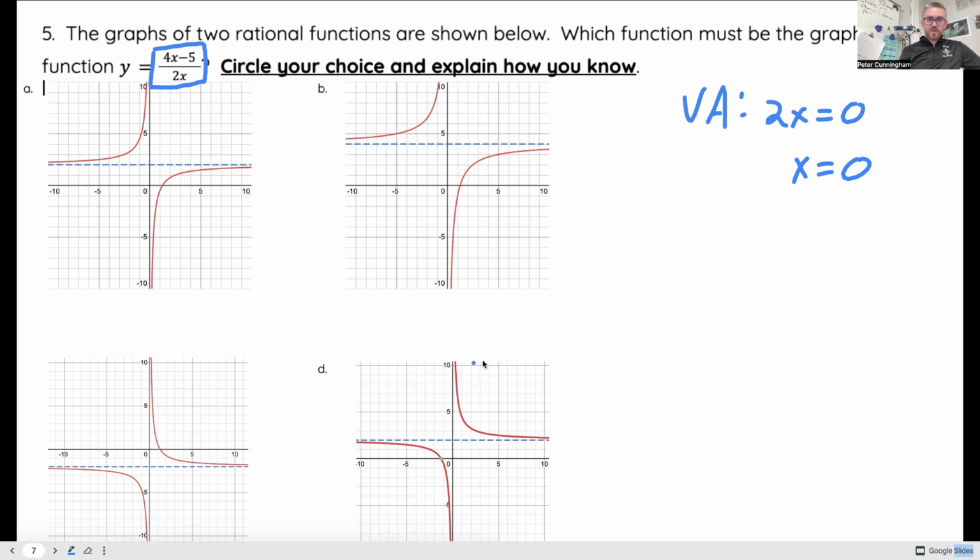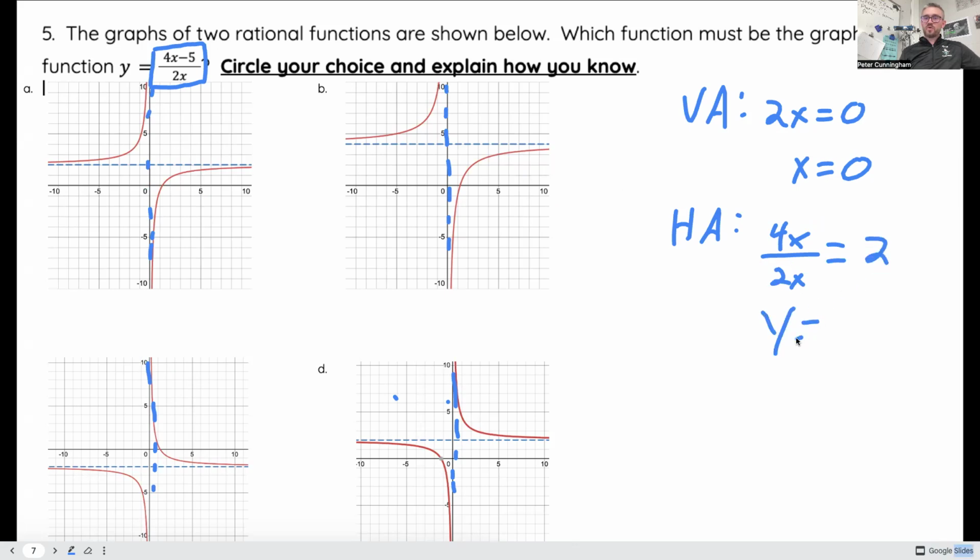It looks like I have a vertical asymptote at 0 on all three of these. So vertical asymptote, you didn't really help me here. We have one at the exact same spot everywhere. So that didn't help. So what I'm going to use is my horizontal asymptote to help me here. So when I do 4x divided by 2x, I get 2.